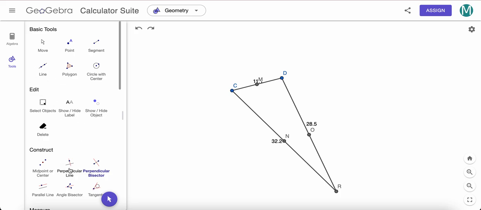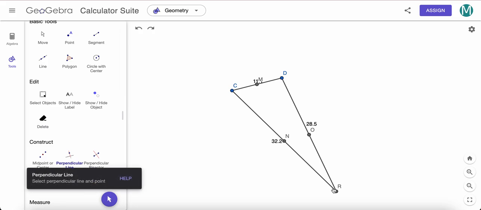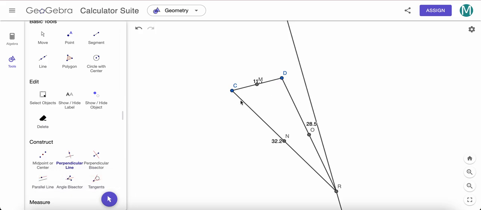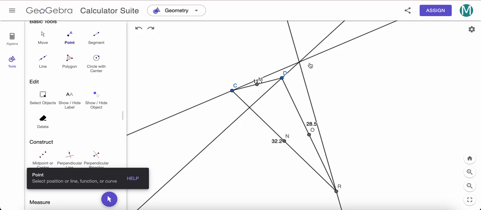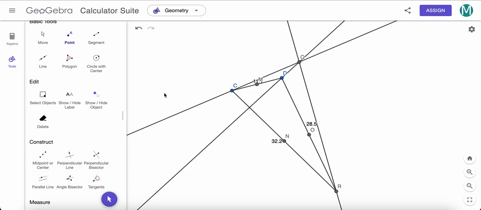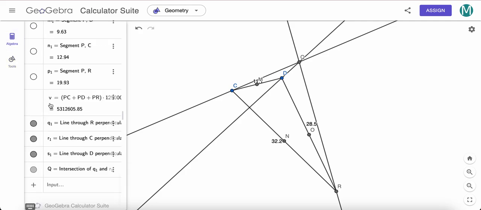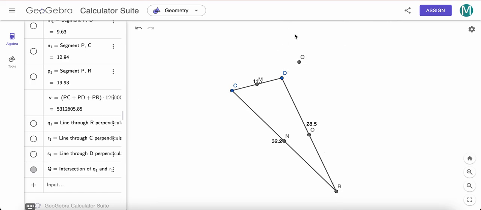Draw a perpendicular line to this, and a perpendicular line to this, and this one to this one. Okay, now this is my orthocenter. Let's hide this. And Q is the orthocenter.